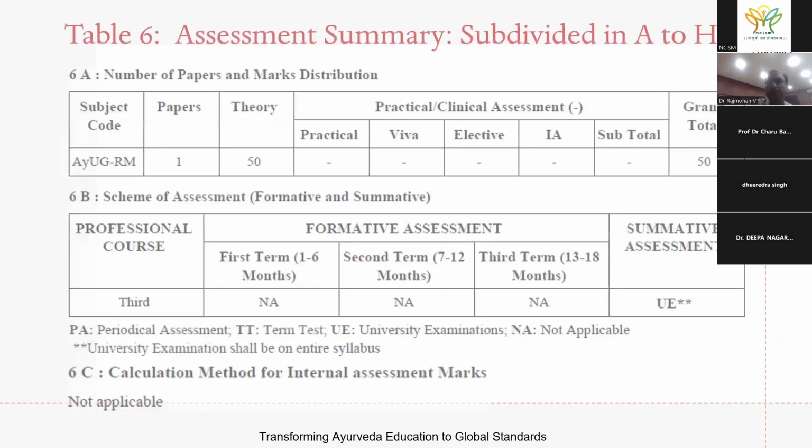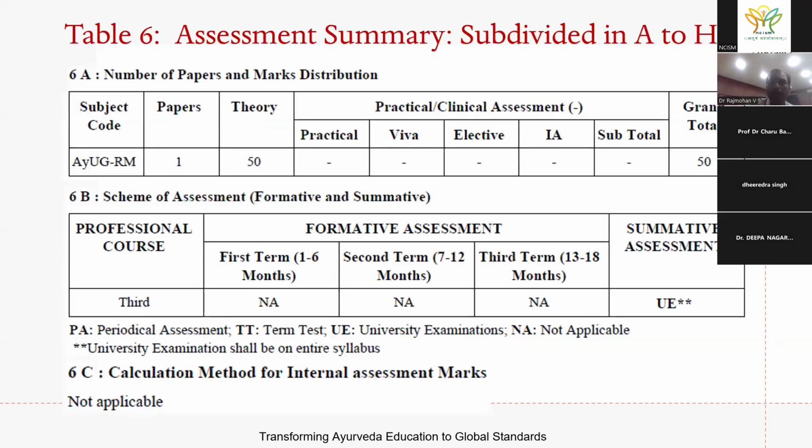And this is the summary of assessment given here. We have only one paper, which is 50 marks theory, and the total is 50 marks theory. There is no periodical assessment, and there is only one university examination at the end of all the terms. Since this topic is introduced in the second term, and there may be some gap before the university examination, individual institutions may conduct an assessment which may not be periodical, and the marks of which will not be added to the university examination, which is very clear from this table.